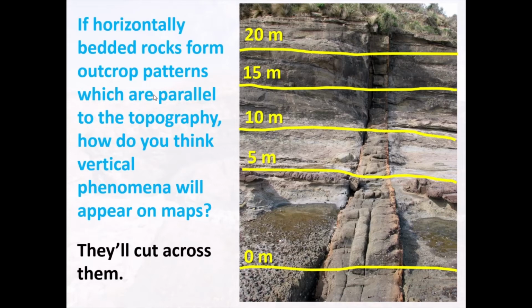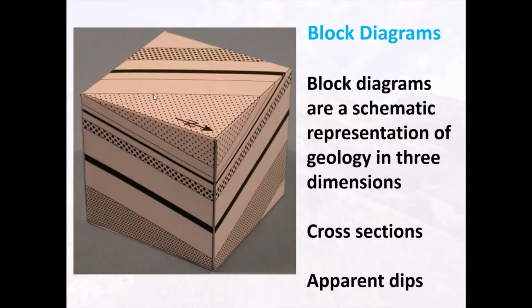So let's try and visualize this for vertical rocks in block diagrams then. A block diagram is simply a schematic representation of geology in 3 dimensions. You can imagine this block diagram is going to give you a map view on the surface, and then on each other side of the cube you're going to get a cross section, a slice through that geology, looking at it from this angle, and then obviously the other 2 angles on the cube that we can't see.